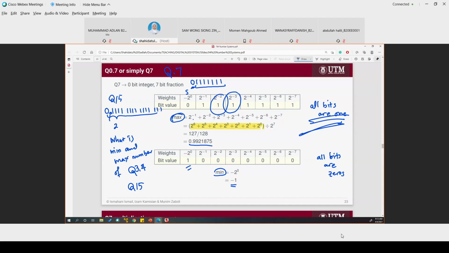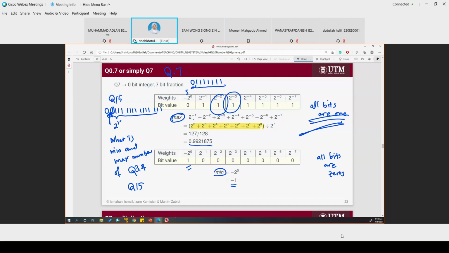Is this 2 to the power of 0? No, this is 2 to the power of 14.